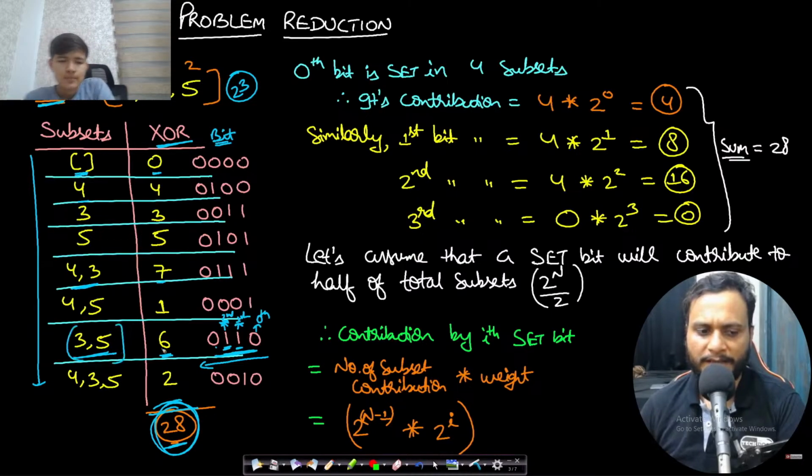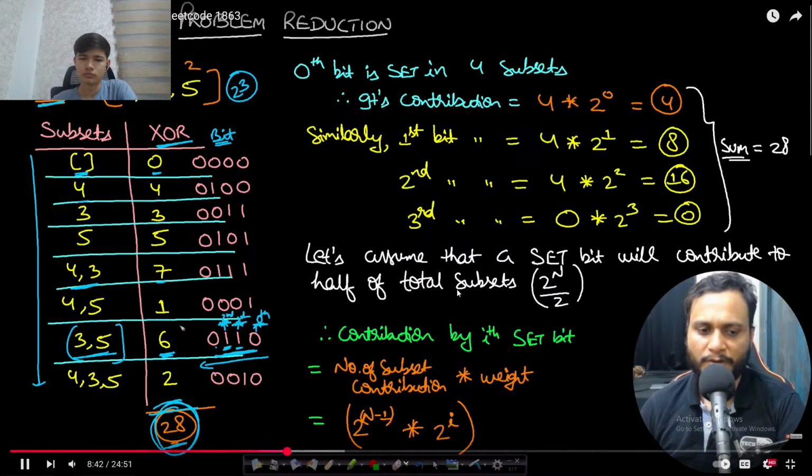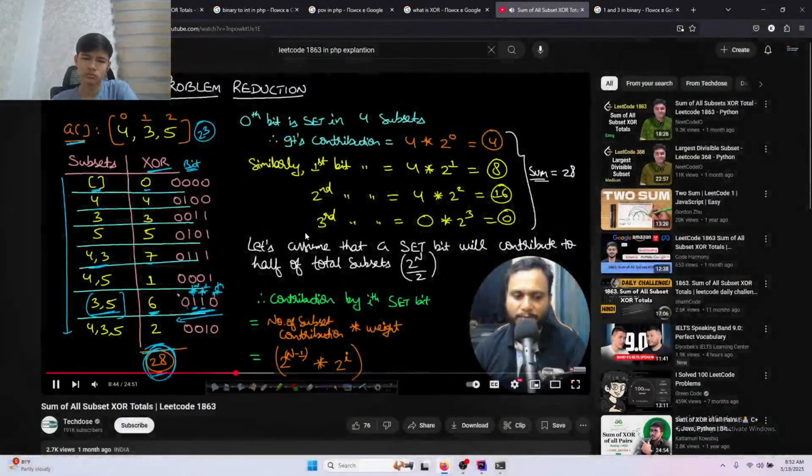And that is how you got the 6, isn't it? So instead of adding all these values one by one, you can also say in how many subsets the 0th bit is contributing, plus in how many subsets the first bit is contributing, plus in how many subsets the second bit is contributing, third bit is contributing, and so on till the maximum number.